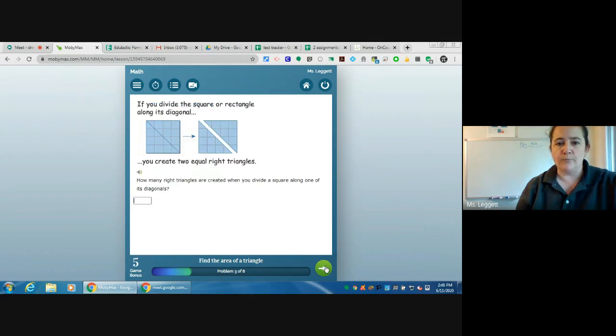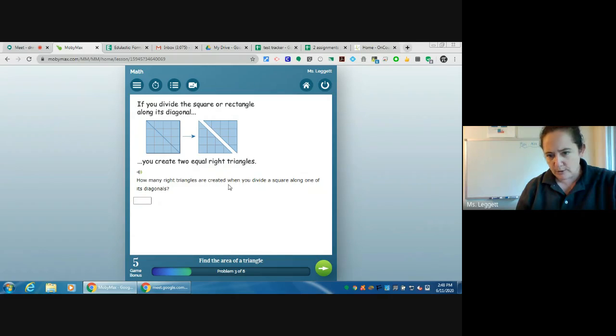It lets us know. Now, when you think of a triangle, you actually technically have half a square in a lot of cases. Not all the cases, but in this one, it is a right triangle. And since it's half a square, you could do the base times the height, but since it's half of the square, you just take half of it.